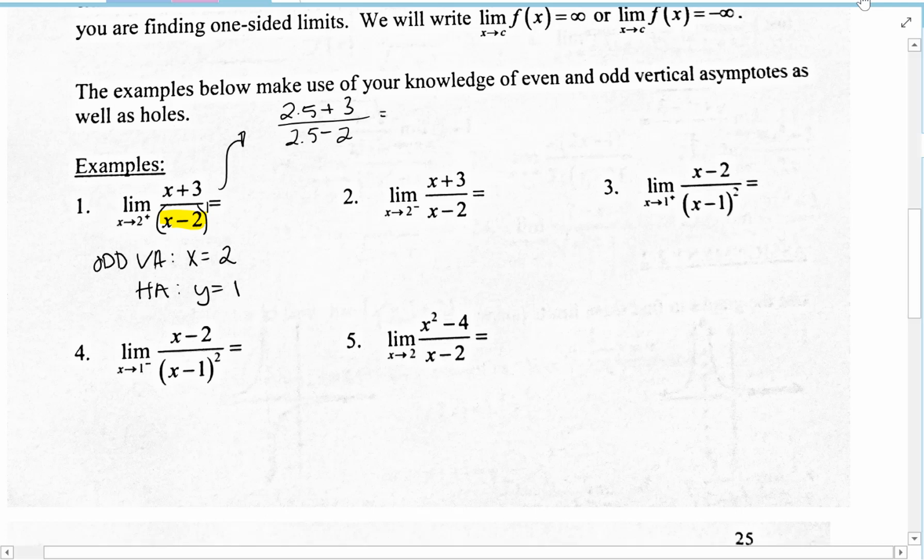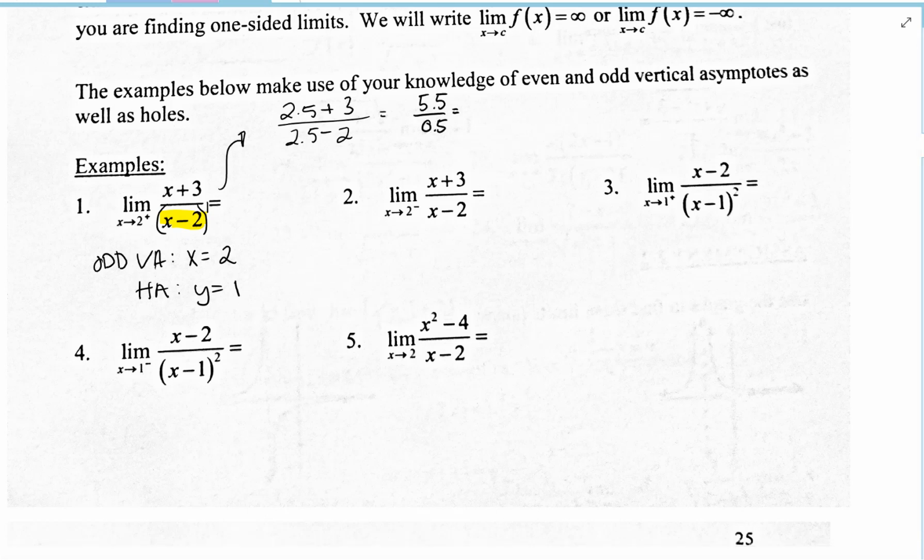Greater than the horizontal asymptote would be approaching infinity, but less than the horizontal asymptote would be approaching negative infinity. That equals 11. So it looks like to the right of 2, we are headed up, up, up, and away to infinity.